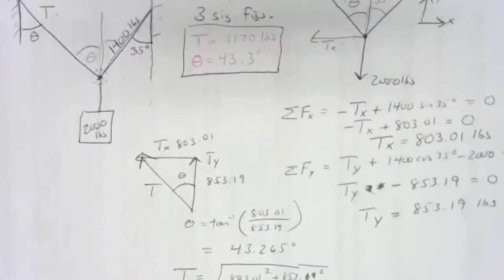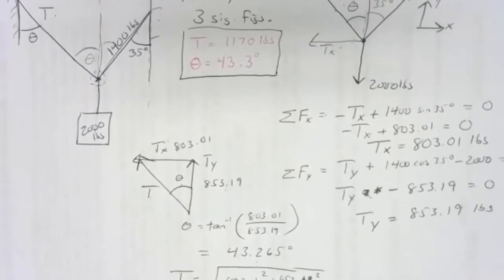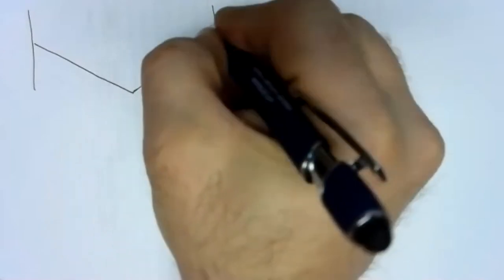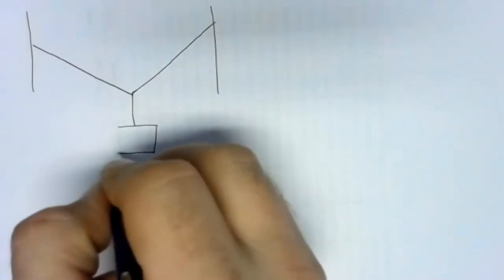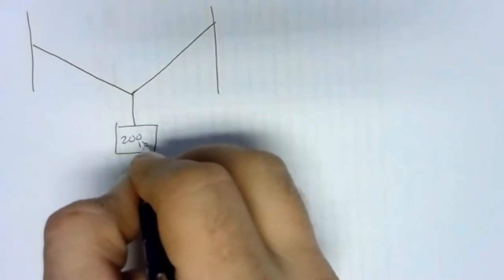Same setup, but this time we have the angles, but we don't have the forces. So I'll stick with the same kind of box on a wire problem. And we'll make the box, let's say, 200 pounds this time.